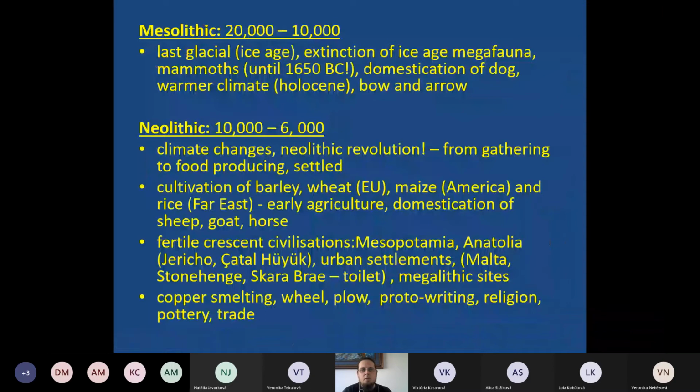Then after the Paleolithic period, we got big changes because, as I told you, there were changes in this Ice Age and Warm Age coming. So glacial and Holocene. The Mesolithic period was just the period when there was the last glacial period, the last Ice Age. But after it the Holocene came, the warmer period during which most of the animals, including Diego and these characters from the Ice Age cartoon, died out.